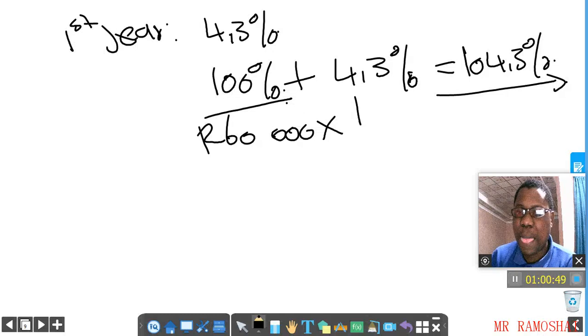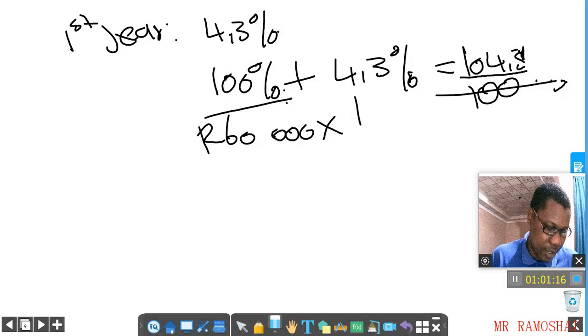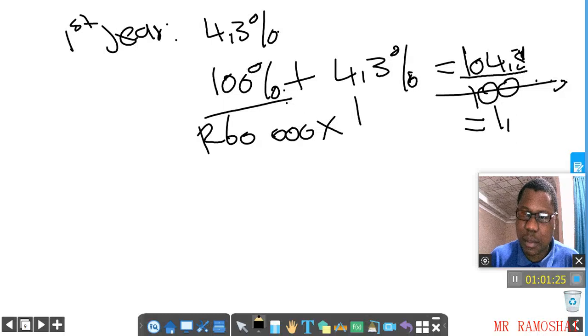We can convert this to a number by dividing by 100 and removing the percentage, so we remain with 104.3 divided by 100, which is 1.043.